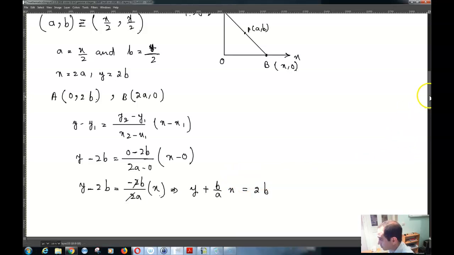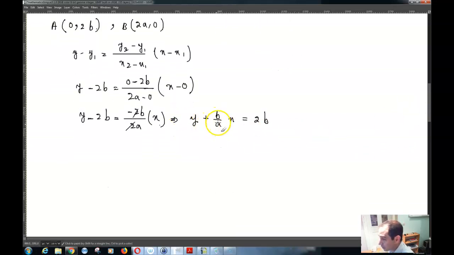Now if I multiply this equation by a, I will get ay plus bx is equal to 2 times ab.